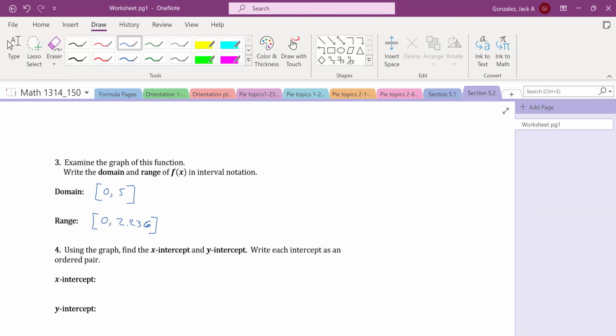Intercept happened at the origin, so all we can say is (0, 0). This is the same as saying that x is from 0 to 5, and this is the same as saying that y is from here to here.